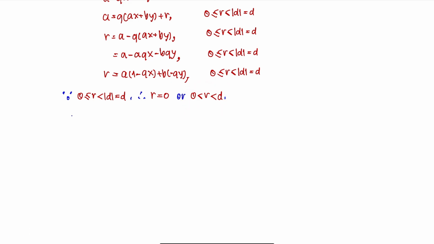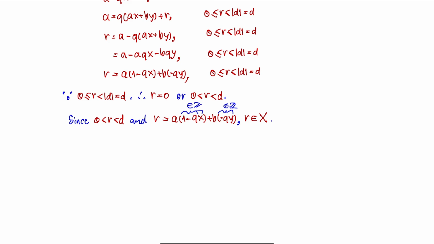So now, take a look at this one here. Since r is greater than 0 and less than d, and as we can see, this term right here is an integer, and this one right here is an integer, that means that our r is in set x.